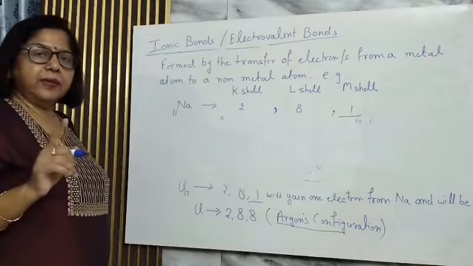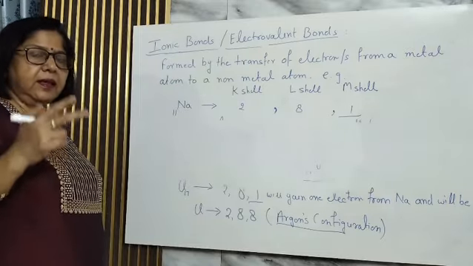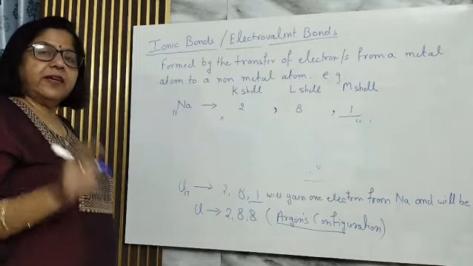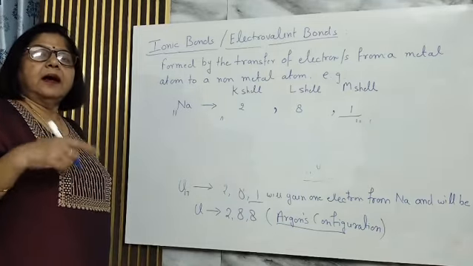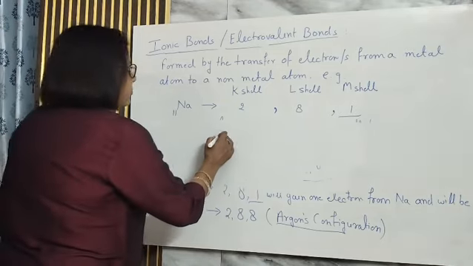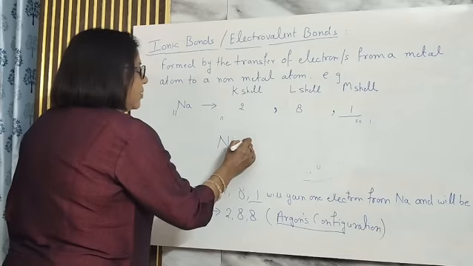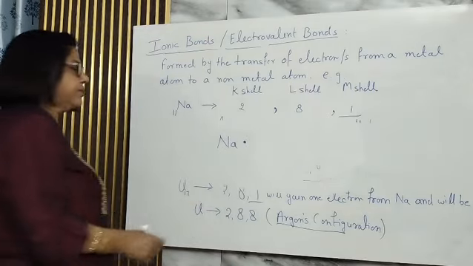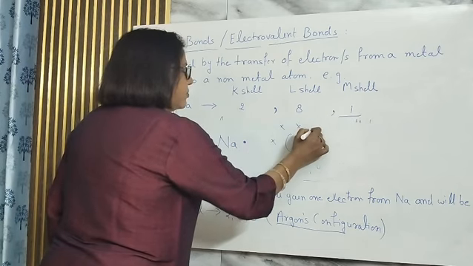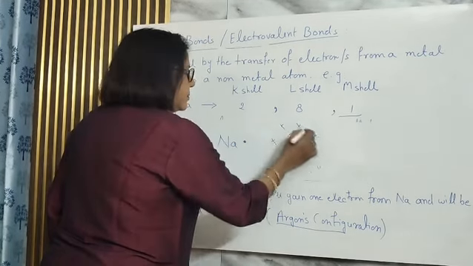I am not drawing the orbital structure, children. I am drawing the electron dot structure, which is very much required in the council as well as in CBSE. Now you see here, sodium has 1 electron in the outermost shell. Chlorine has 7 electrons in the outermost shell.